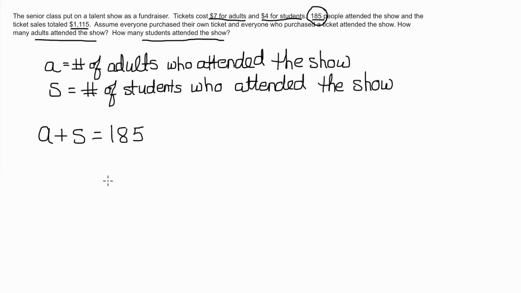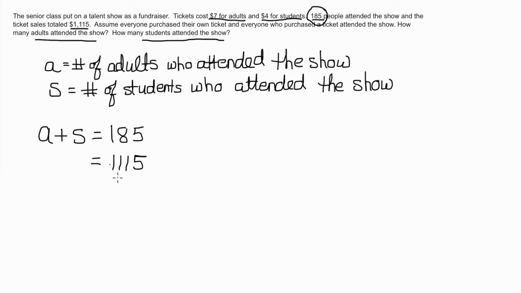Now, the second equation is a little bit more difficult, and that is using the other information that we have. So tickets cost $7 for adults and $4 for students, and the total ticket sales was $1,115.